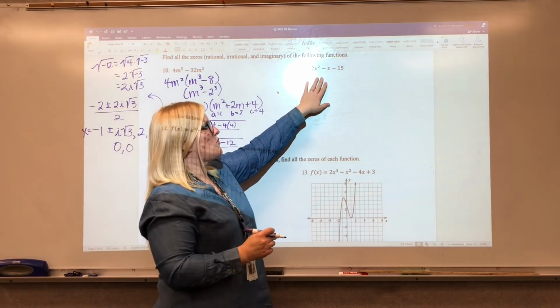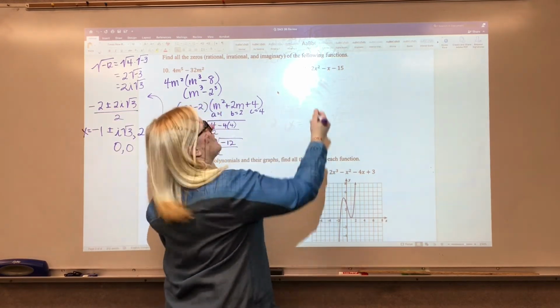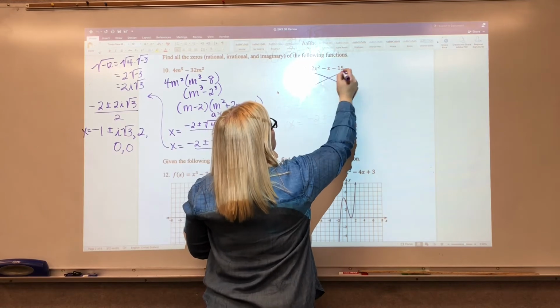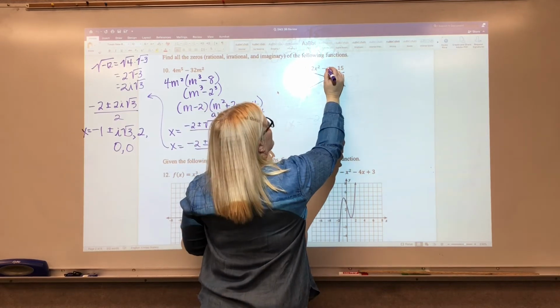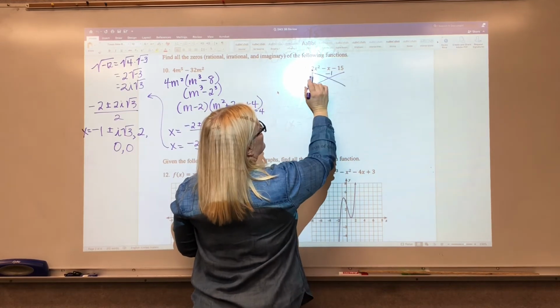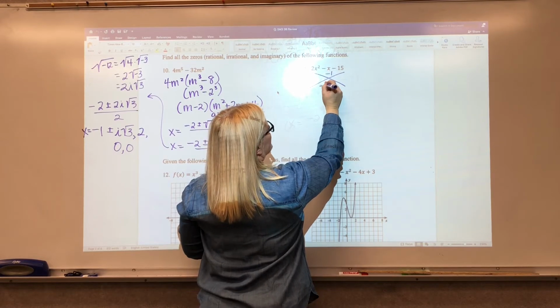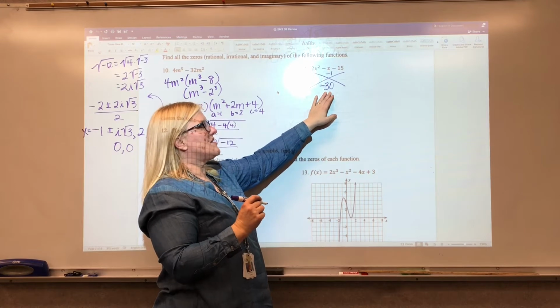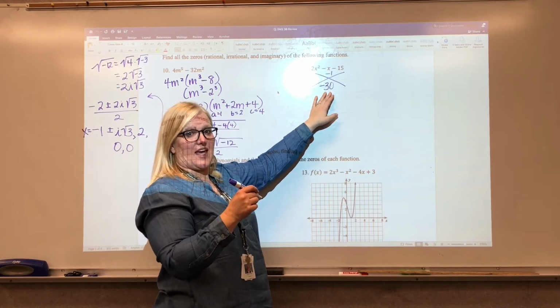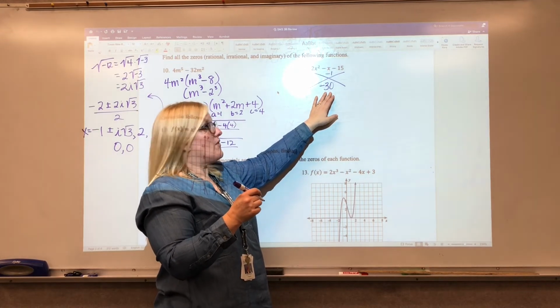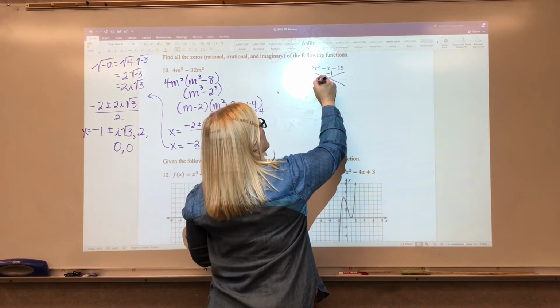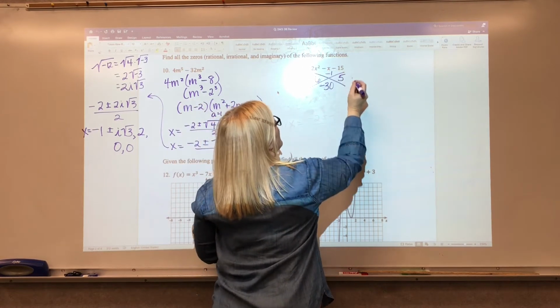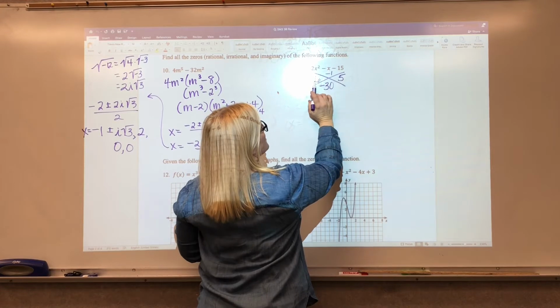Okay, this one I told you was factorable. And so if we use the X box method, I drop down a negative 1. 2 times negative 15 is negative 30. So what multiplies to give me negative 30 and adds to give me negative 1? Well, that's going to be negative 6 and 5. So now I replace the 1 right here with the negative 6 and the 5.